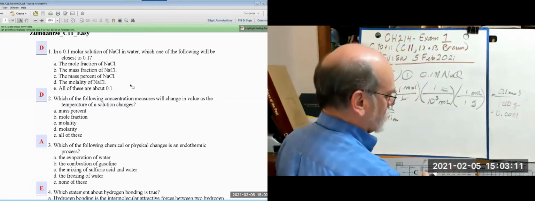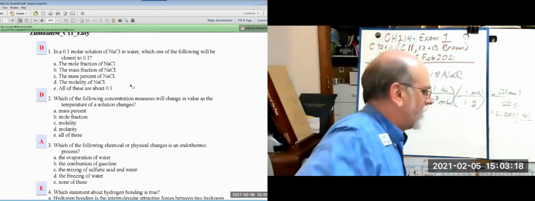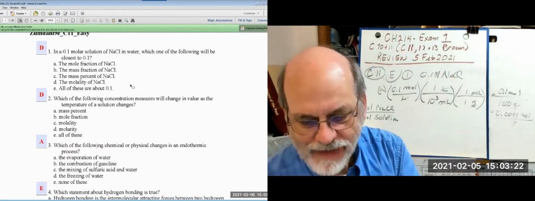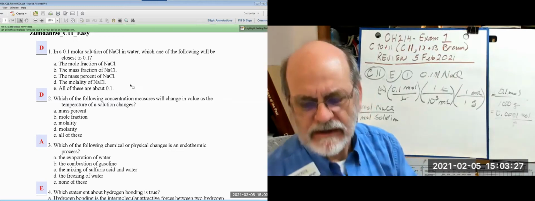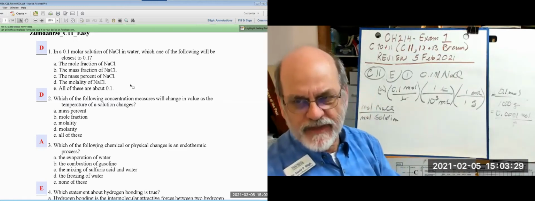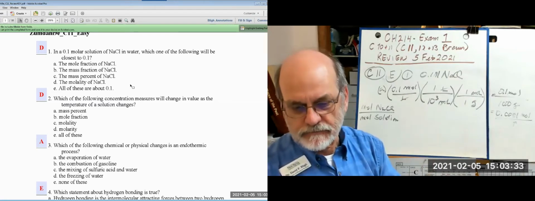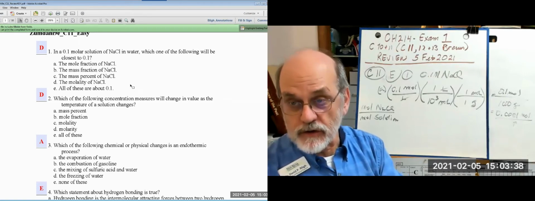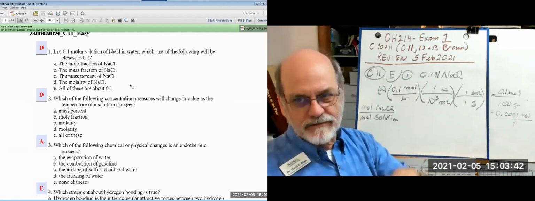All right. So this is moles per gram of solution, if we assume that the sodium chloride is so dilute that it has no influence on the moles of solution. In other words, we can treat it as if it were pure water. So this is kind of an iffy situation.